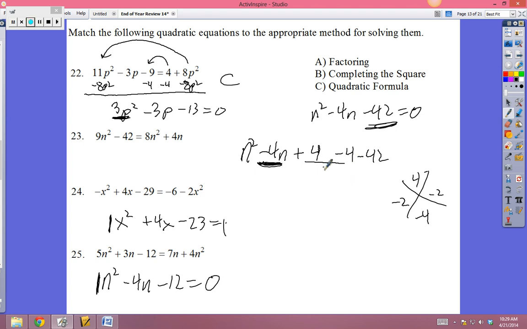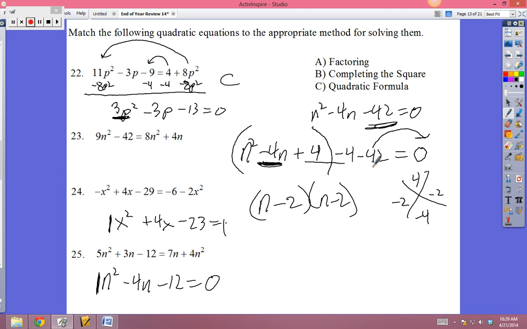So we've got n squared minus 4n plus 4, it's n minus 2 times n minus 2. And then if you move the -42 over to the other side, it's a +42. And then the -4 over there becomes +4. So if you add those together, you're going to have a +46.